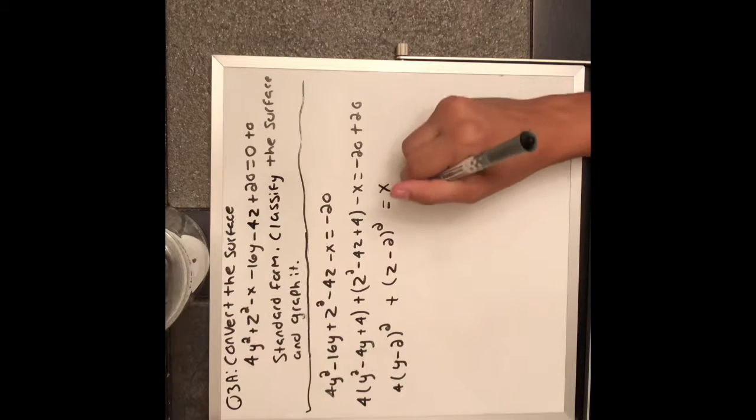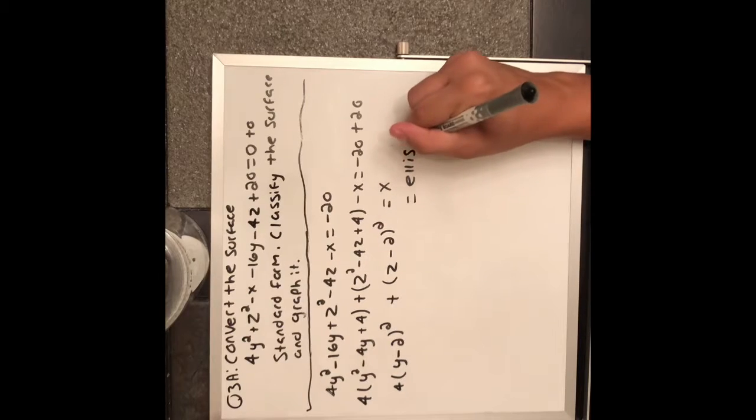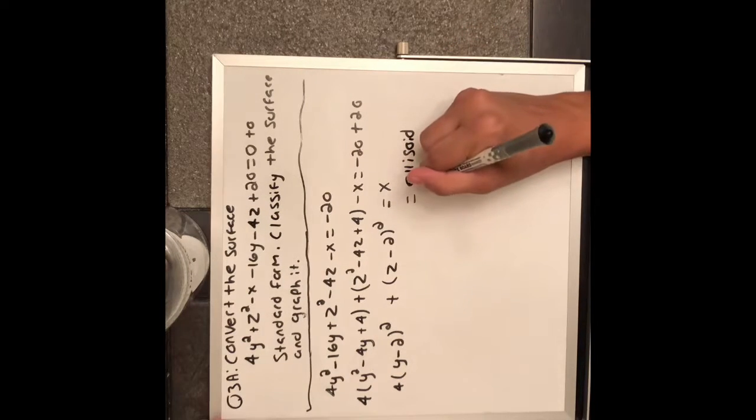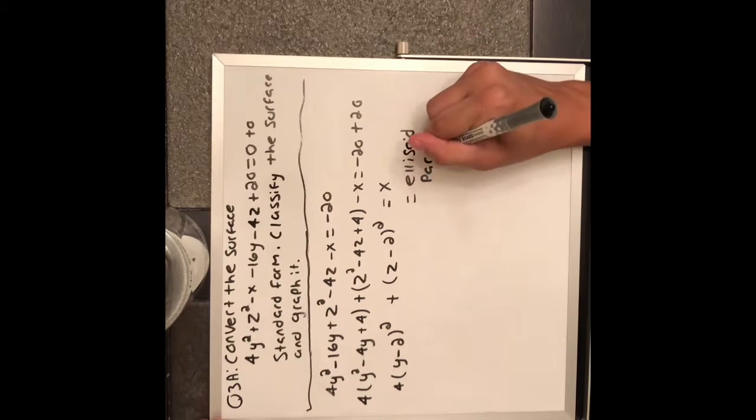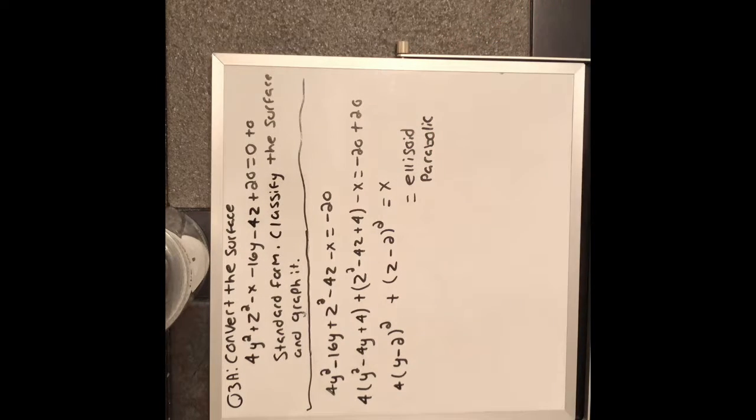Now, how do we know this? Let me just write down what type of graph it is, and I'll explain how we know. The reason we know that this is an elliptic paraboloid is because we should know the general equations of 3D surfaces.